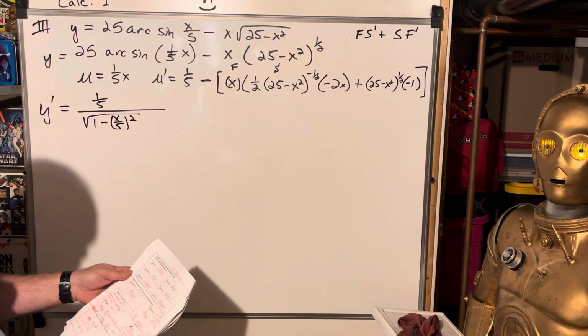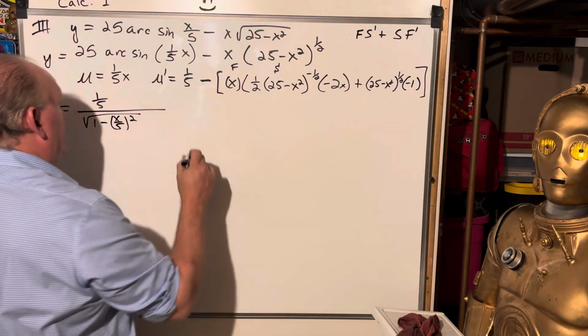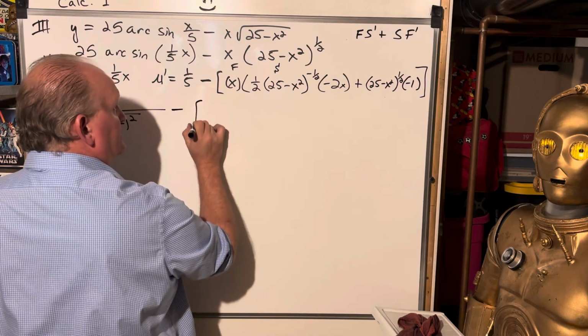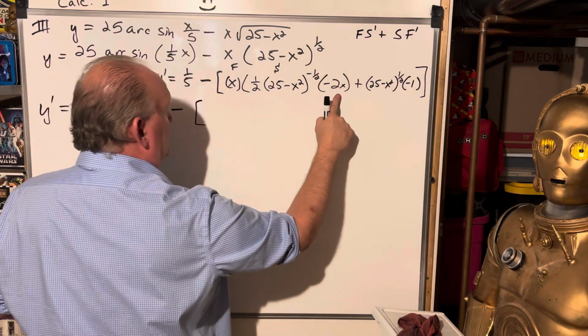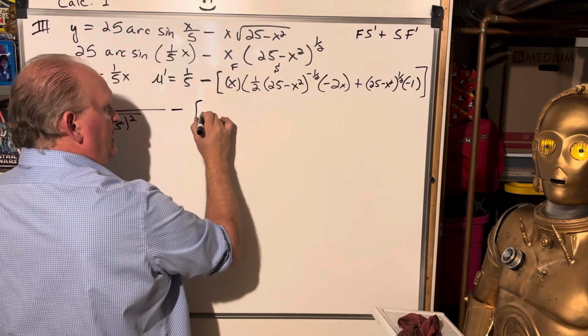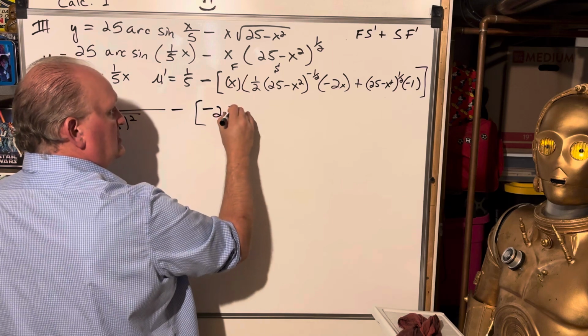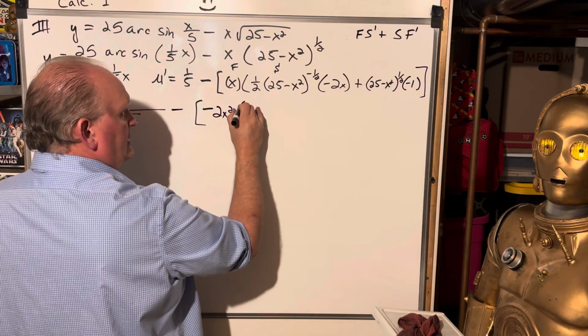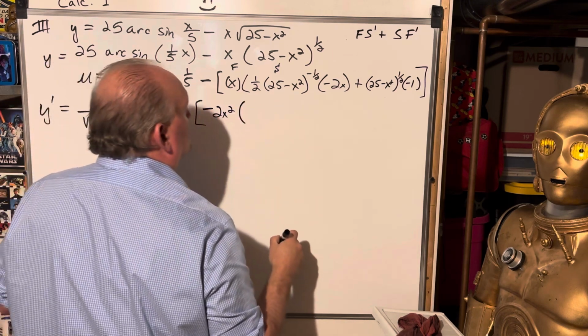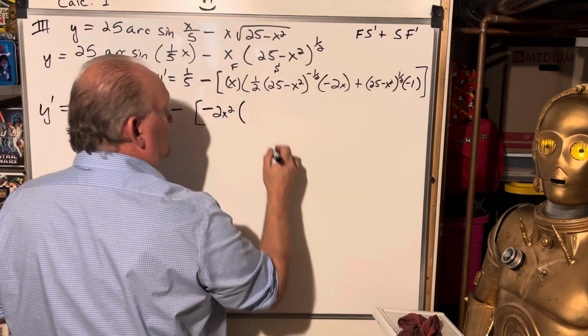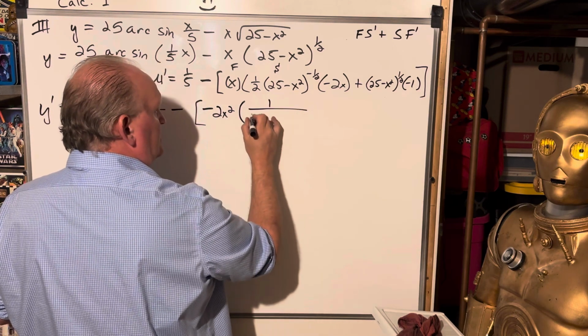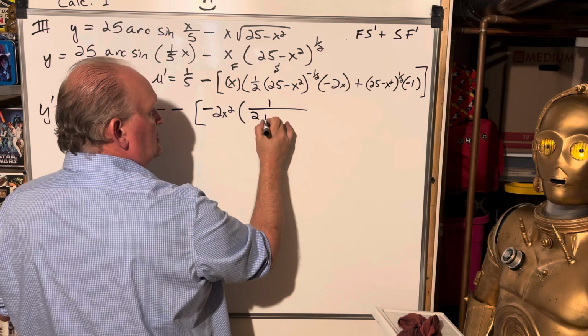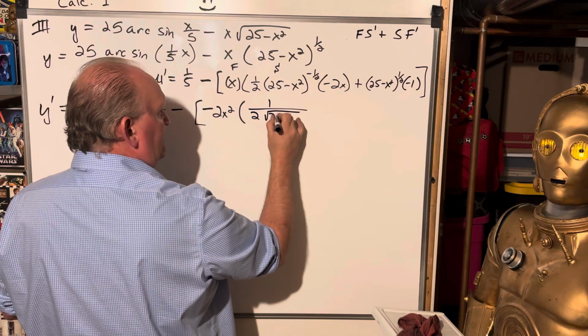So we got that. And then minus, let's see, we have negative 2x times that. That is negative 2x squared times 1 over 2 square roots of 25 minus x squared.